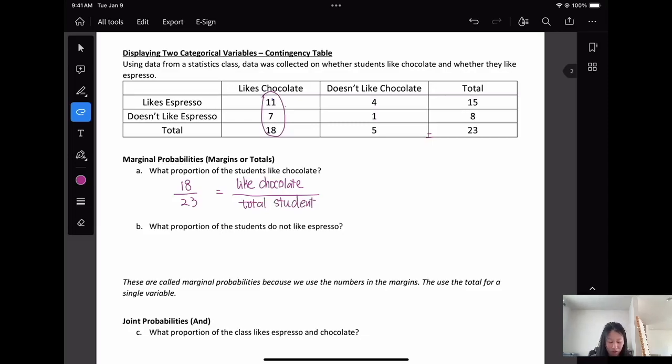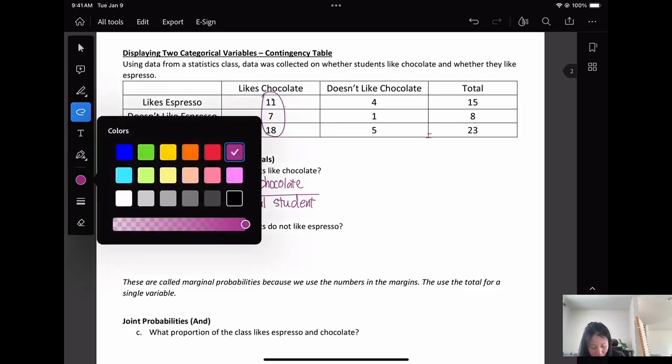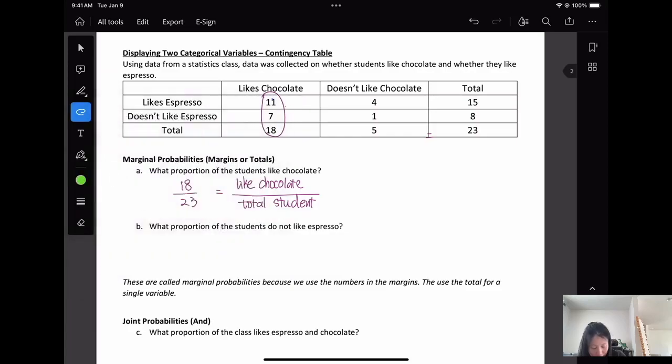Okay, what proportion of the students don't like espresso? Students who don't like espresso should be this row, including students who like chocolate and students who don't like chocolate.